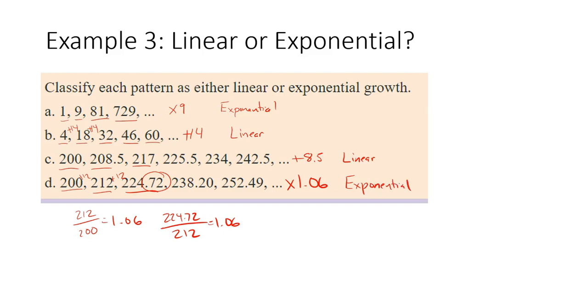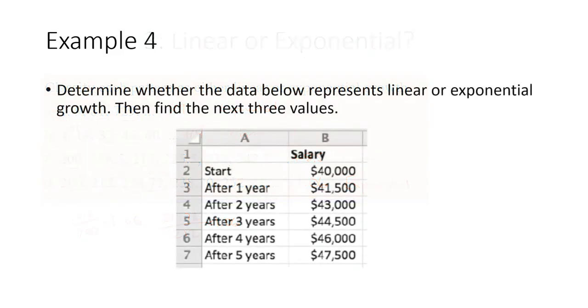So here we want to just look at this Excel spreadsheet and determine whether it represents linear or exponential growth, and then we're just going to find the next three values. So here we have 40,000, 41,500, 43,000. It appears that we're adding 1,500 each time.